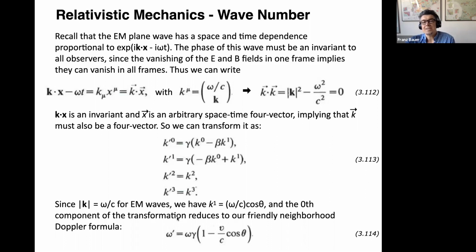And so when we did a Lorentz transformation of this, we would then have something which reverted to our Doppler formula. And so we would transform the frequency from the rest frame to the observed frame like this.